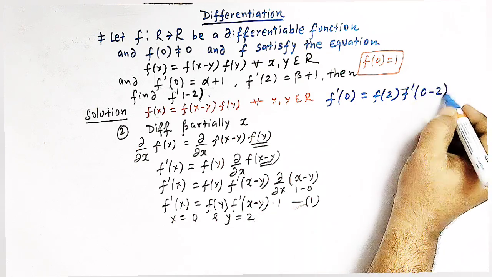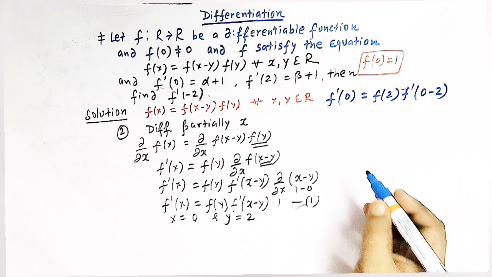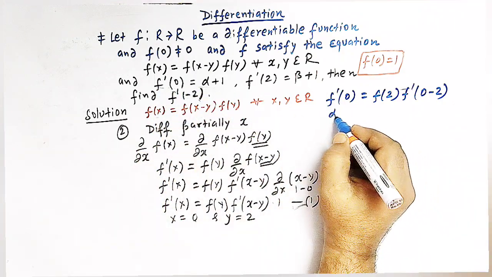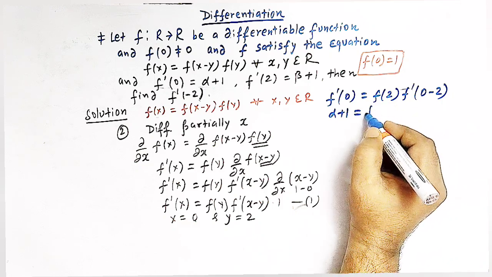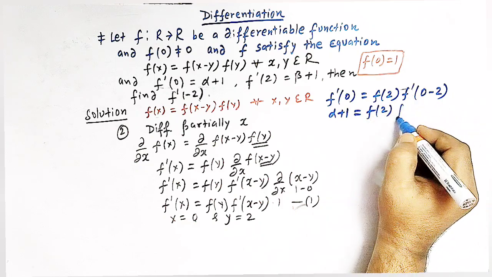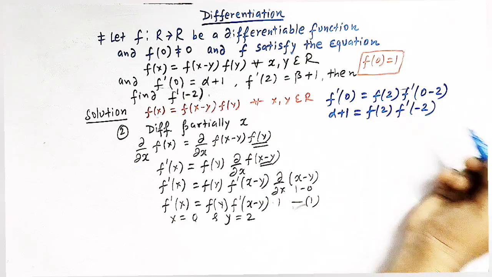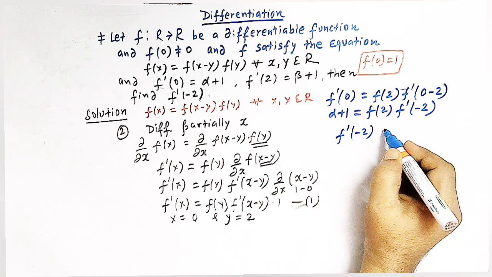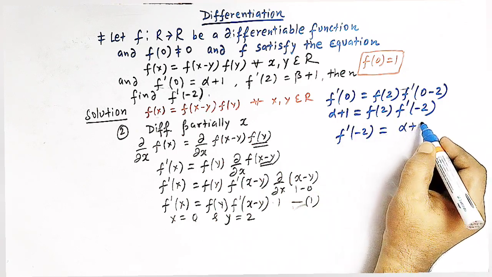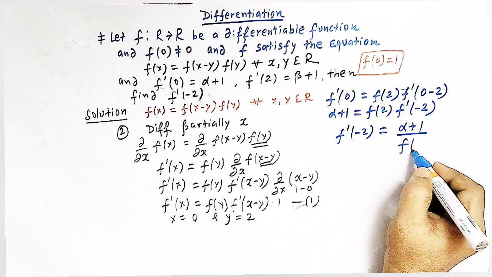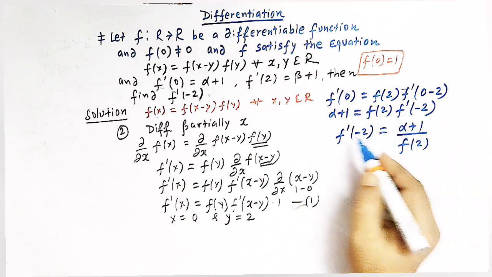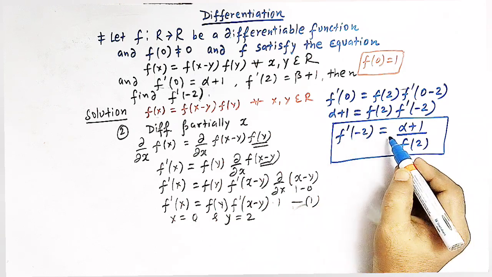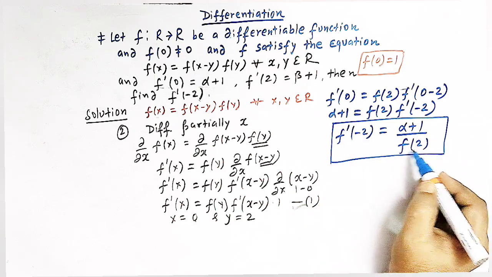So f prime of 0 is given as alpha plus 1, and here we have f of 2 and this is f prime of minus 2. So f prime of minus 2 is equal to alpha plus 1 divided by f of 2.